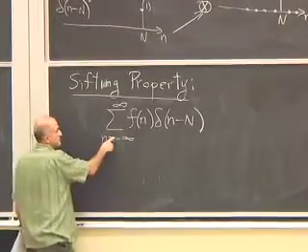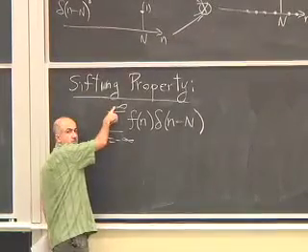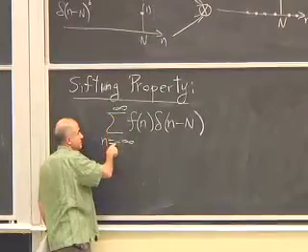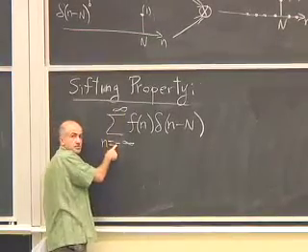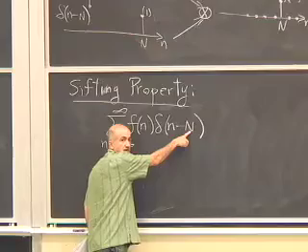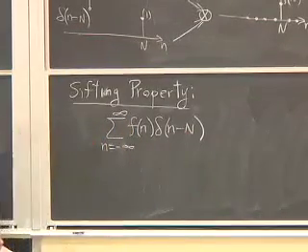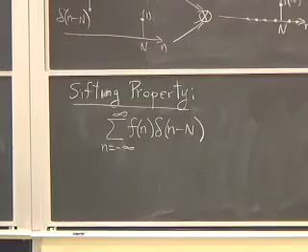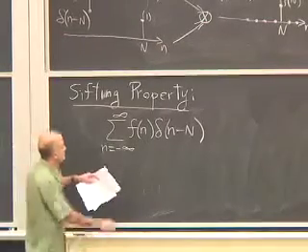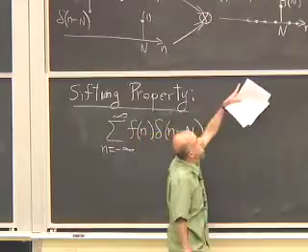You don't need negative infinity to infinity. All you need to do is make sure that the range over which you're summing includes N. But let's say it's minus infinity to infinity. What are you going to get? So this product we already know.